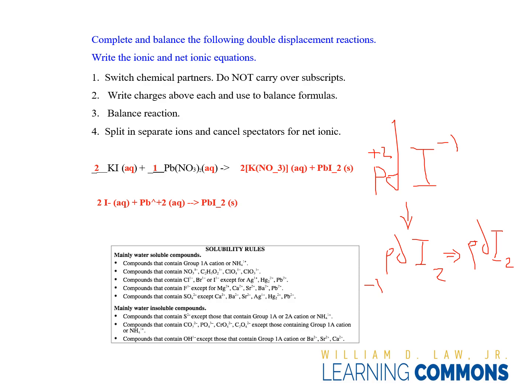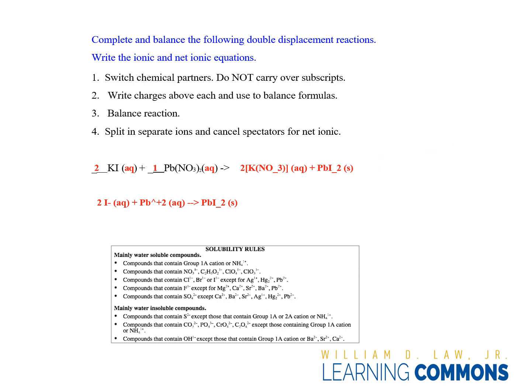Now if we look at this, after the displacement reaction, the iodide is 2 on this side, but iodide on the other side is 1. I have to add the number 2 to make them equal.